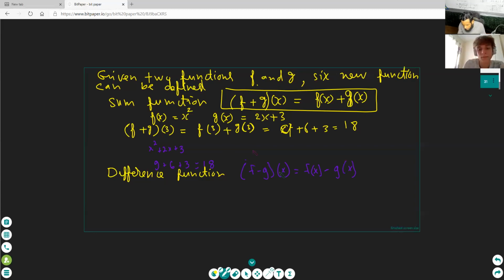This is our minus formula, and you can also subtract the functions. Clear? You can add the functions and then you can subtract the functions, and this is our other formula. Remember these formulas, and these will be helpful.